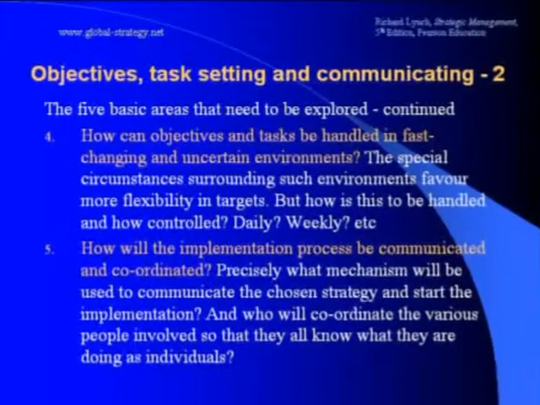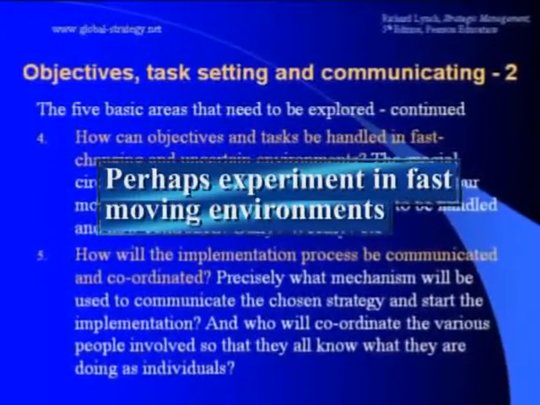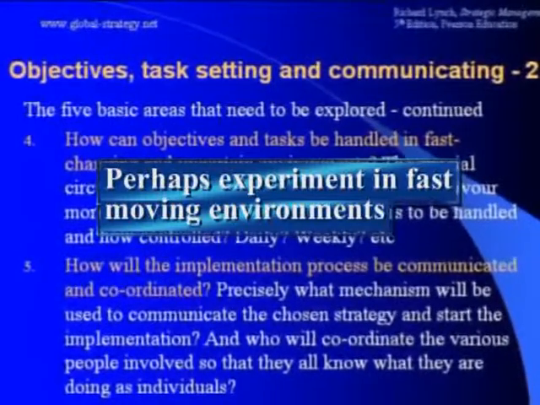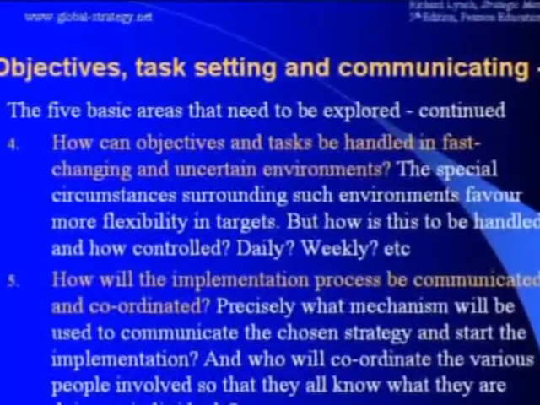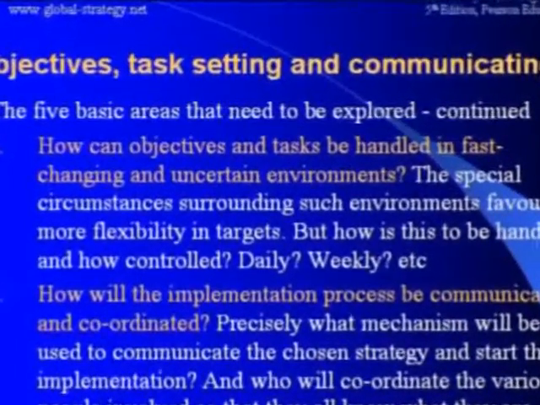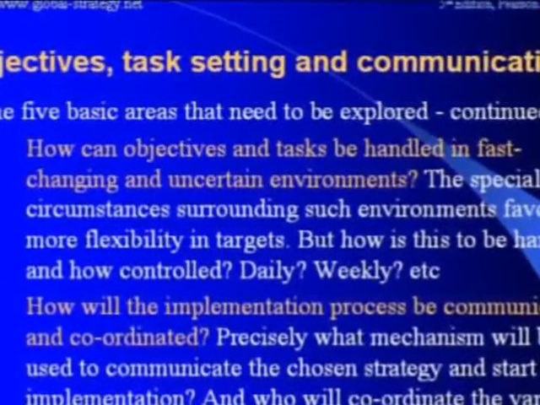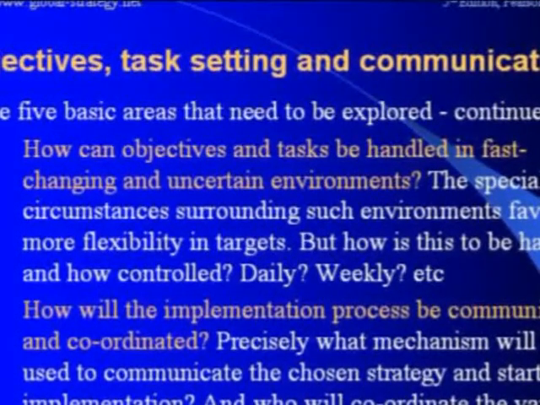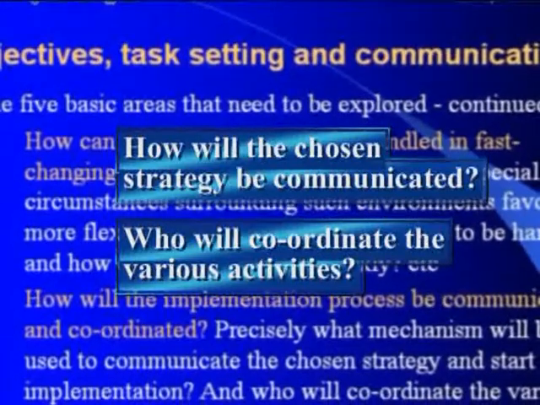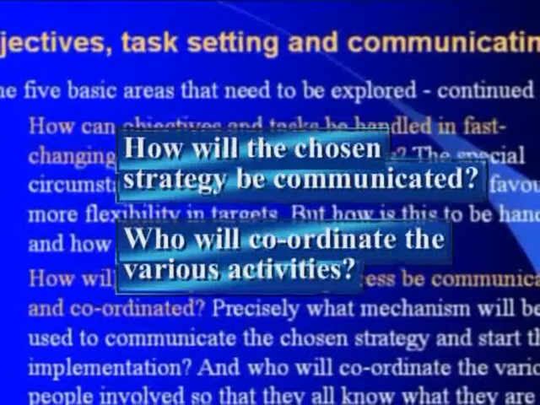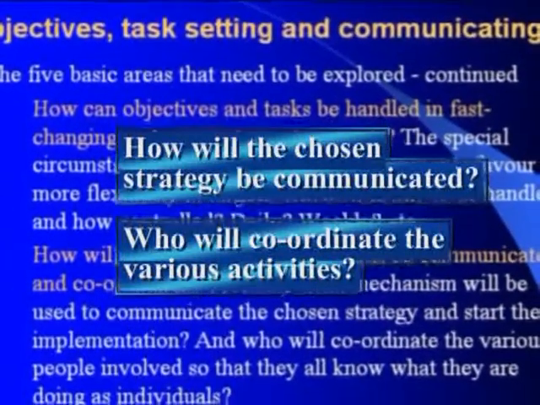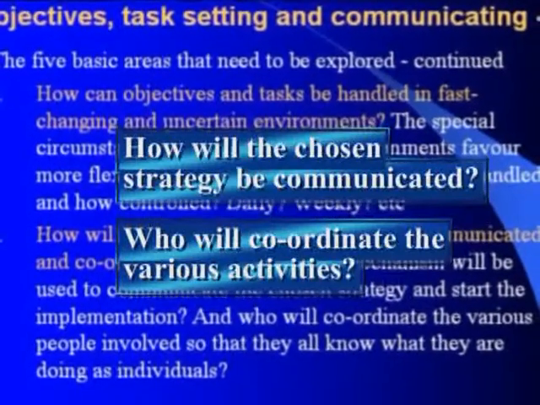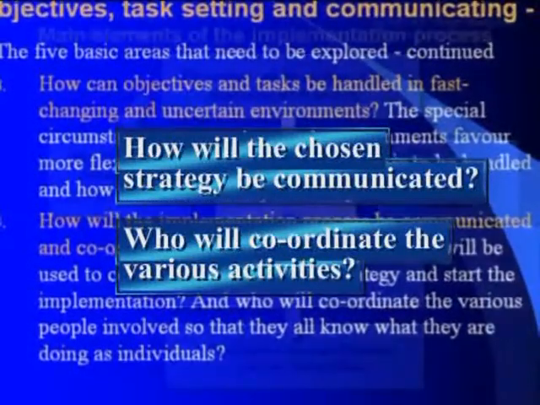It may be necessary to experiment to find the optimal combination of events. And in fast-changing environments, rigid objectives may be made redundant by outside events. Communication and coordination are vital to satisfactory implementation and are especially important to ensure understanding of the plan and its underlying assumptions.